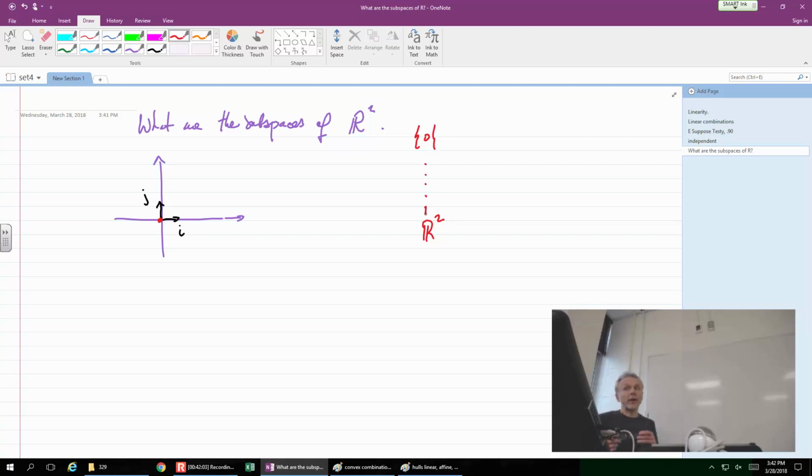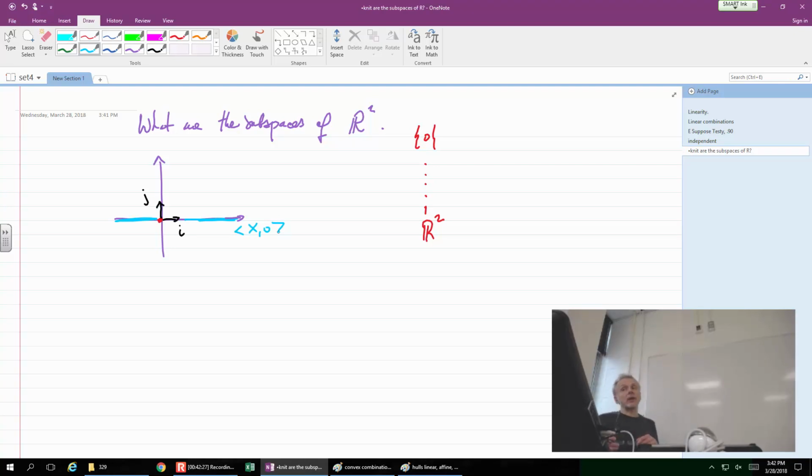Well, one thing that we have already identified, that's the simplest example, is one of the axes. So if we look at the x-axis, what do the vectors look like? They look like (x, 0). Every vector on the x-axis is (x, 0).